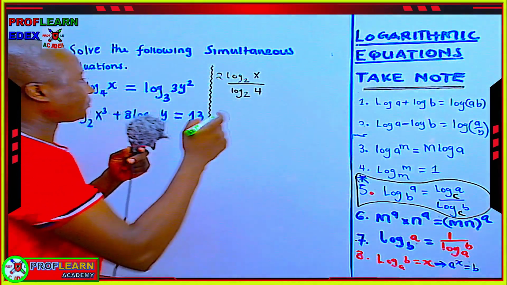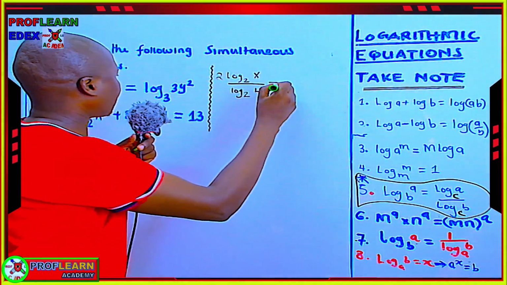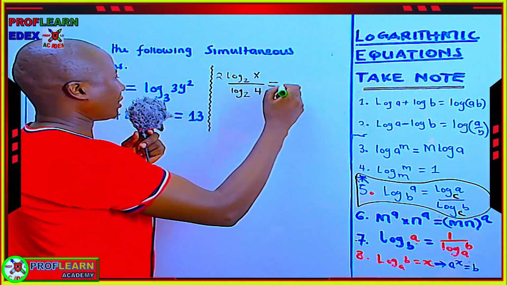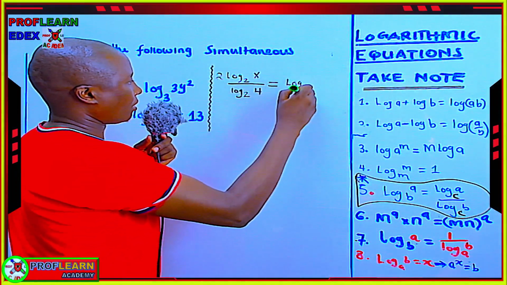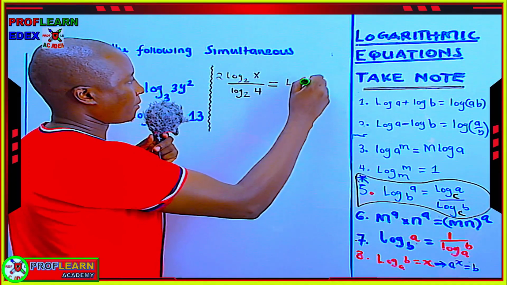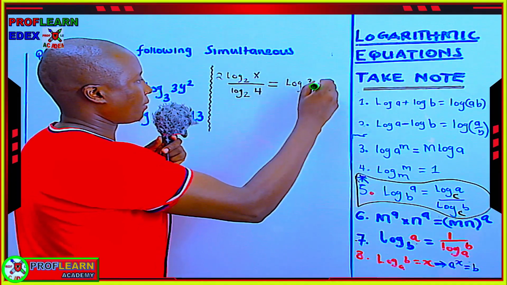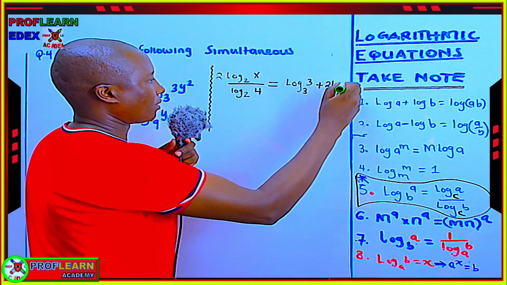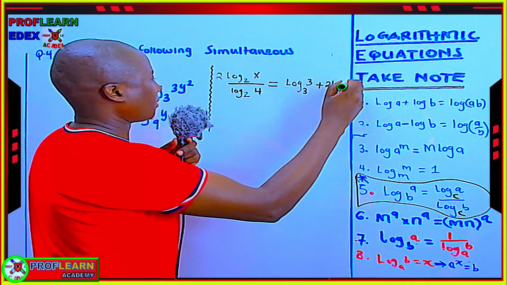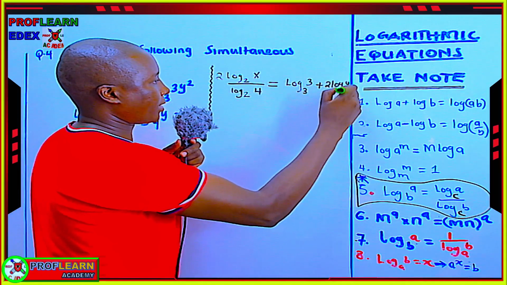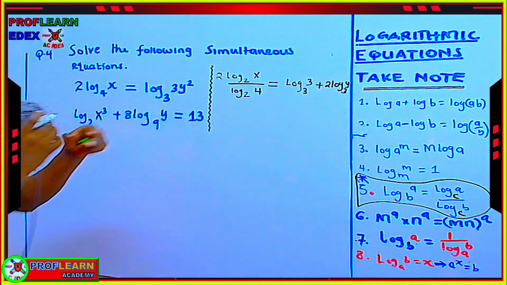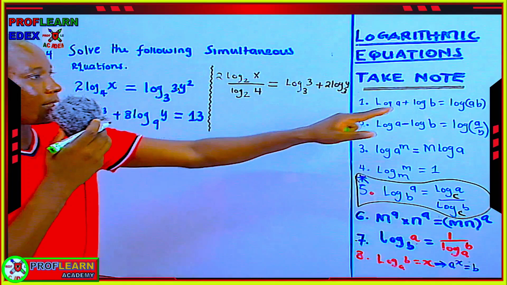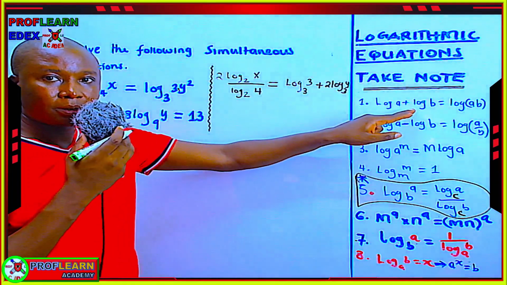Then plus, this is going to be expressed as, if you look at this, it can be written as log 3 base 3 plus 2 log y base 3, because if two numbers are multiplied, you can add the individual logs.